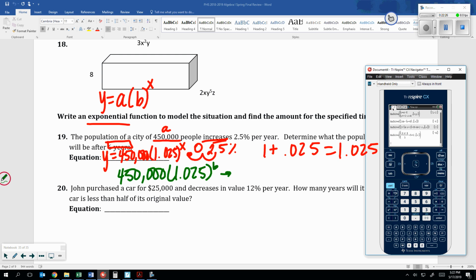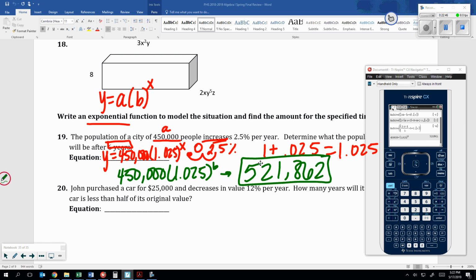So 450,000 parentheses 1.025 to the 6th power. I get 521,862.